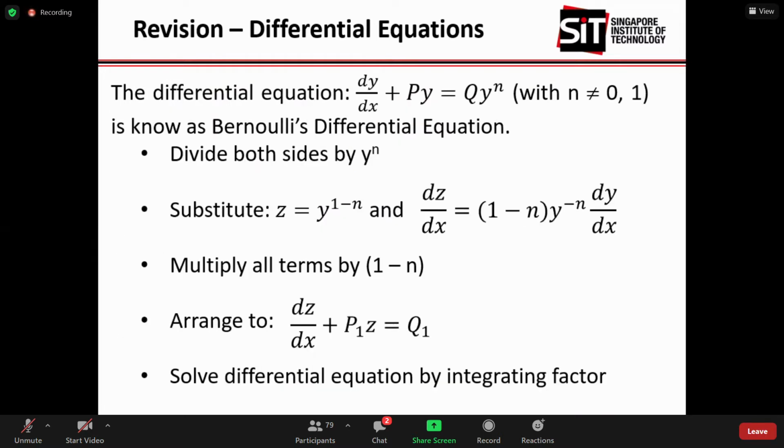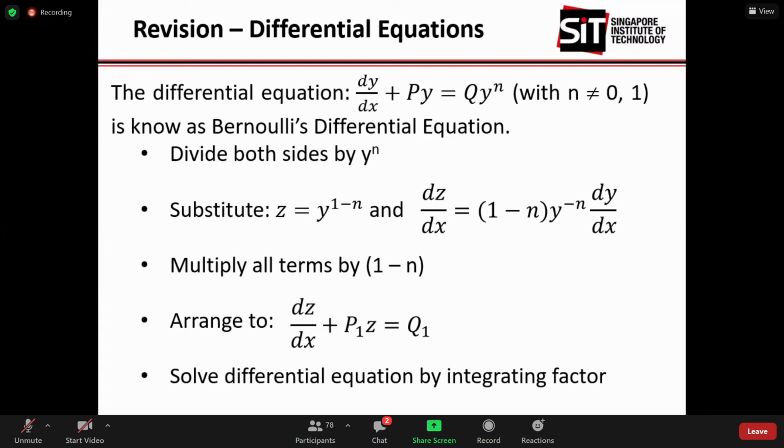We then have the Bernoulli differential equations. Bernoulli differential equations are expressed in the form of dy/dx plus py equal to q times y to the power of n, with n different from 0 or 1. If n were equal to 0, then we would have a differential equation of the first order.